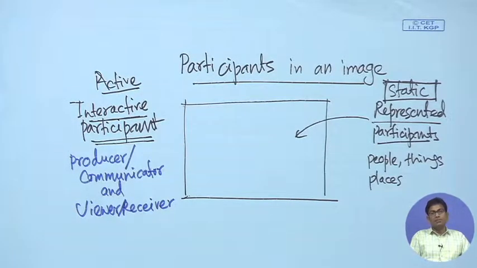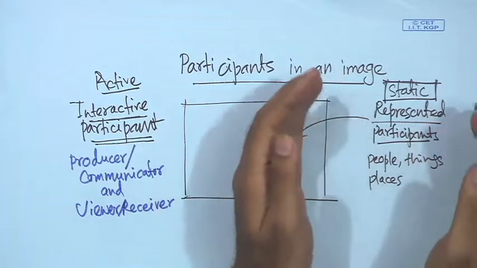So, basically what is happening over here, we have static represented participants who are talking for something else, and you have some active participants, or you call them interactive participants, and they are no one else than the communicator, the producer of this particular image and the viewer of this particular image.